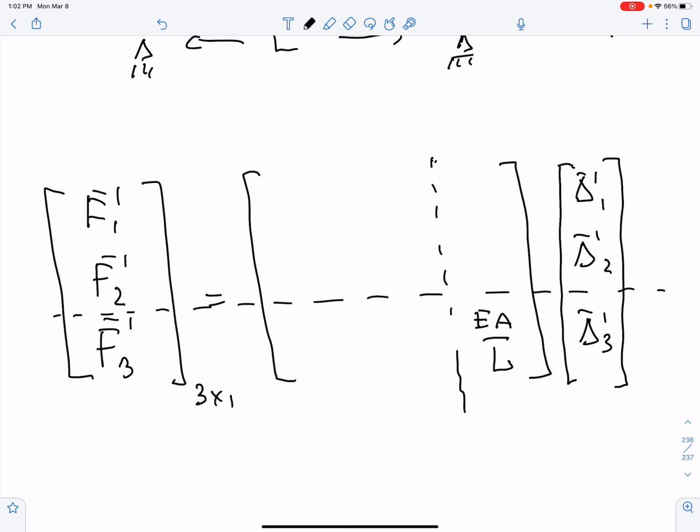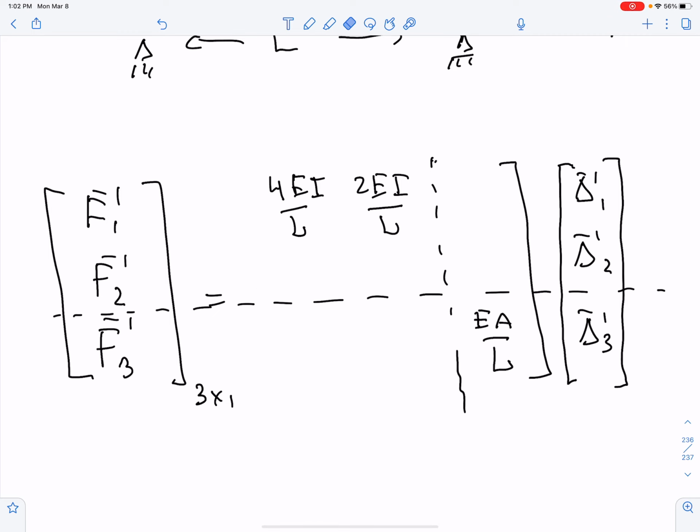What we found is we get 4 EI over L here, 2 EI over L here, 2 EI over L here, and 4 EI over L there.